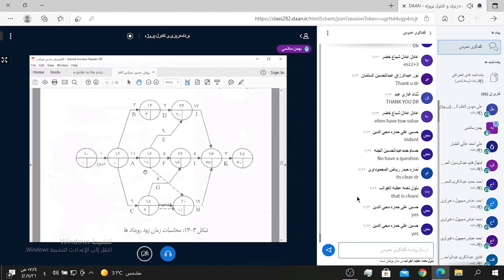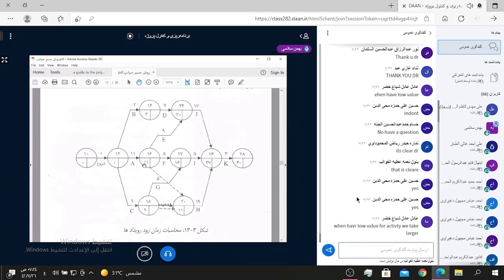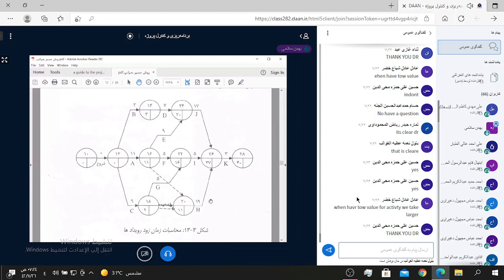Now I want to find the ES for node 16. Mr. Adel said when we have two values for activity, we take larger. Mr. Adel, you work in a scheduling project?